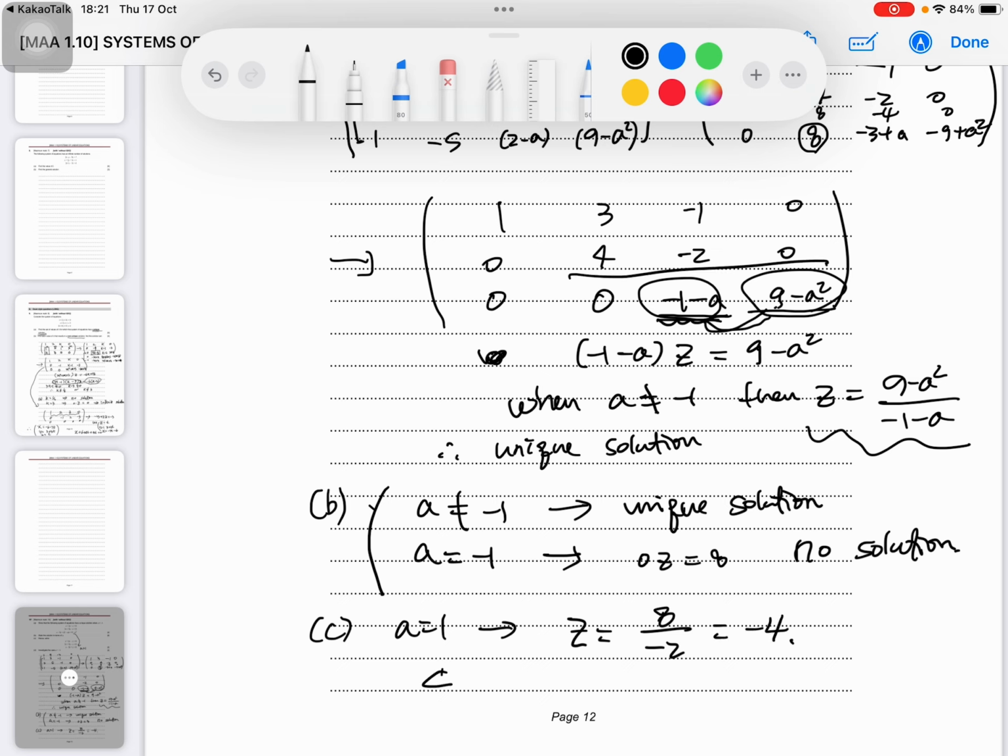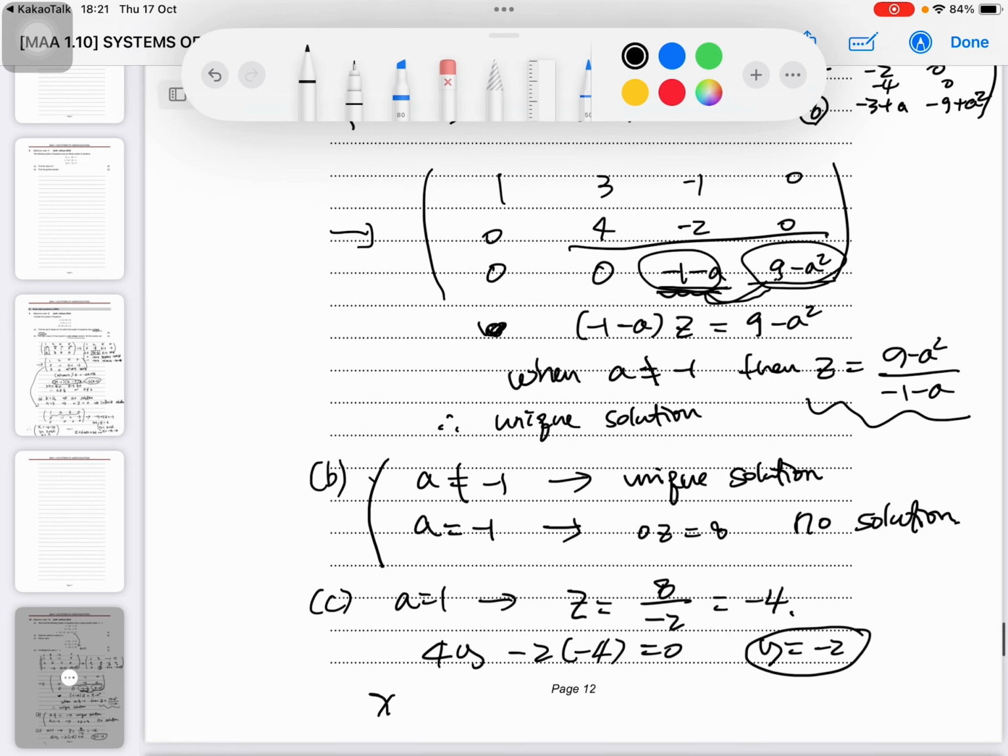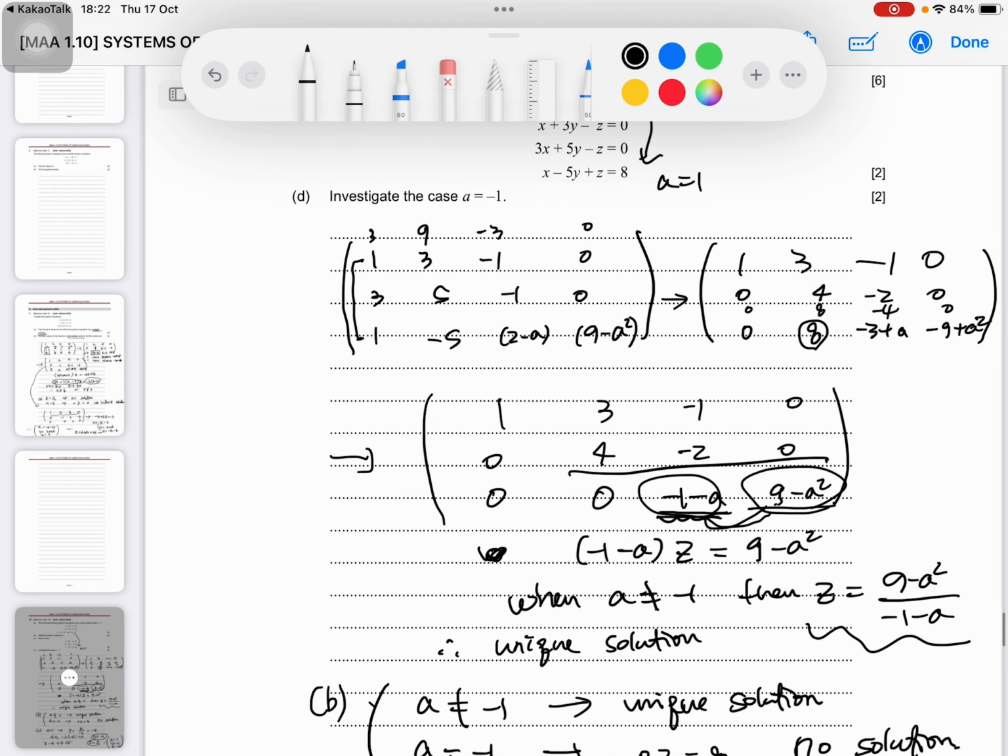Second line, 4y minus 2z equals 0, so y equals -2. And the first line, x plus 3y minus z equals 0, so x equals 2. Therefore, x equals 2, y equals -2, z equals -4.